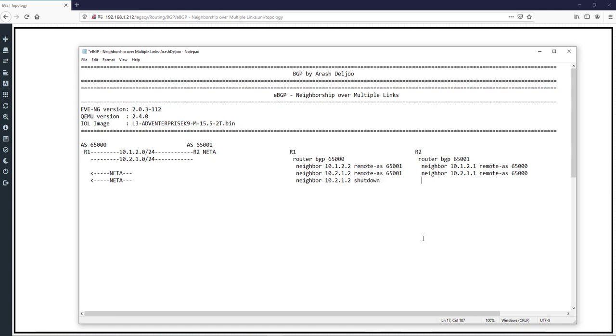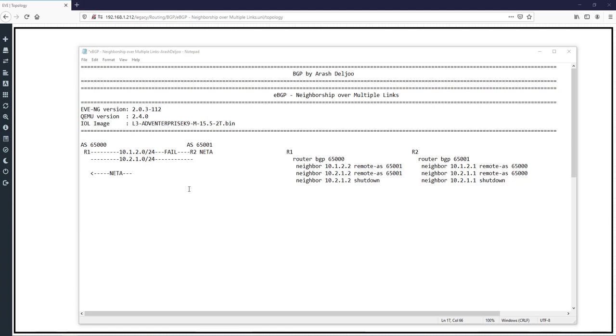You know this command, and also in R2, neighbor 10.2.1.1 shutdown. The result is that now we have only one neighborship over 10.1.2.0/24, and so we send the update only one time. And when the upper link fails, we can enable the second neighborship with no neighbor 10.2.1.2 shutdown and no neighbor 10.2.1.1 shutdown.